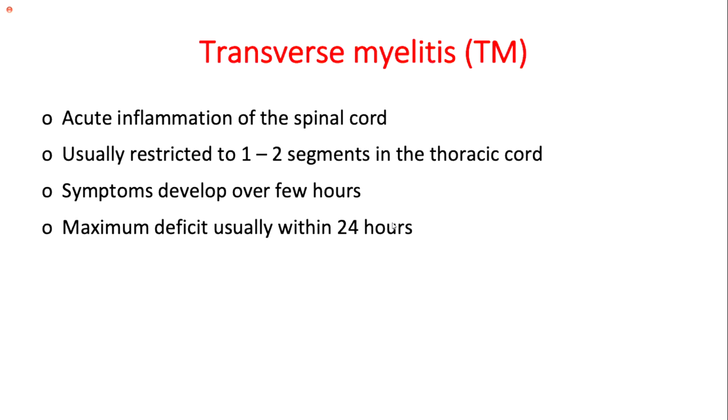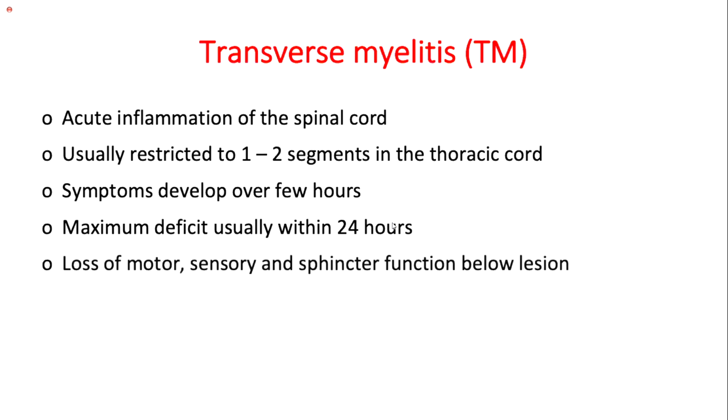And the pathology you already know, it's an acute inflammation that goes right across the spinal cord. I have listed it there for you. It is in the thoracic cord, about 1 to 2 segments. So if there's inflammation of the spinal cord, then you lose function below that level of everything. What is everything that goes down the spinal cord? You have learned in your anatomy and physiology.